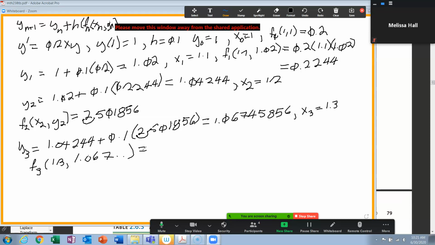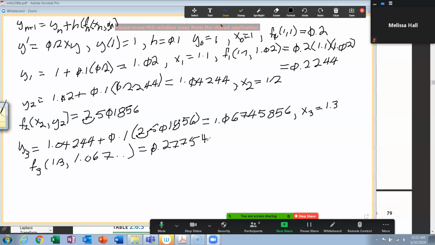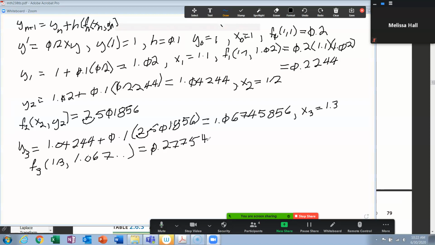So that new f is now 0.27. This time I wrote it right. 775. This time I'm going to round that to a 4, because it's a 3/9, so I'll do that to a 4. So there's my new f3. You get the pattern?